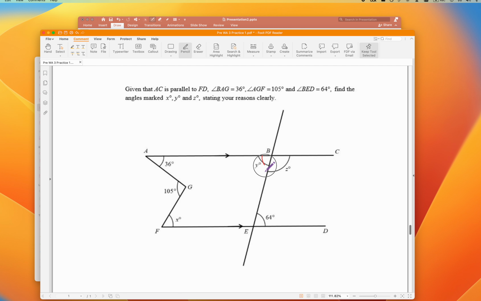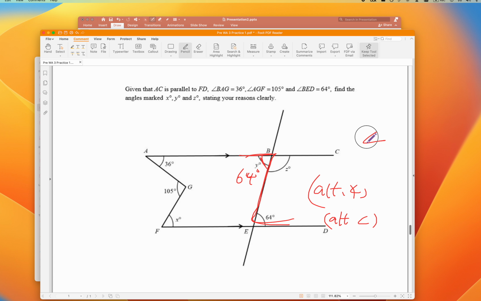Y is this, so Z, 64. So what is this? Alternate. Yes. So you need to write down alternate angle as the reason. Of course, you can express your angle in this manner.